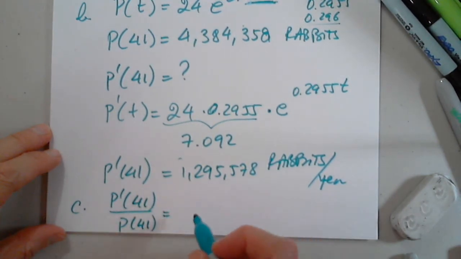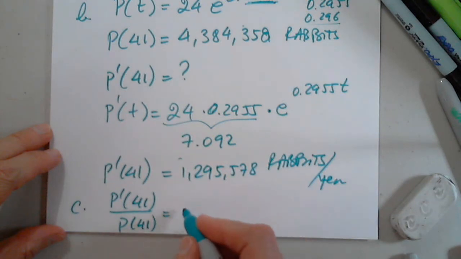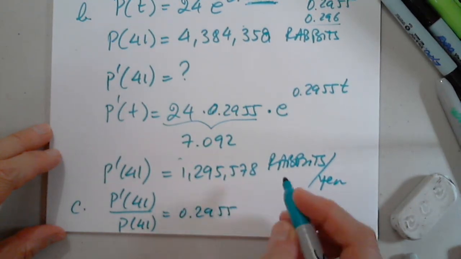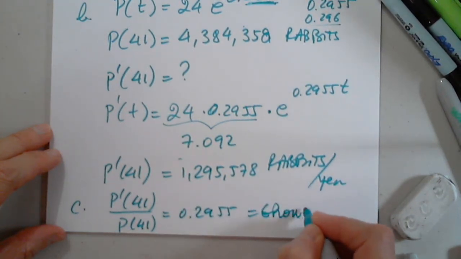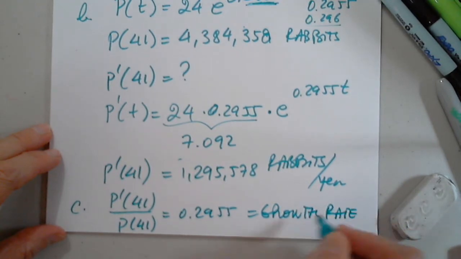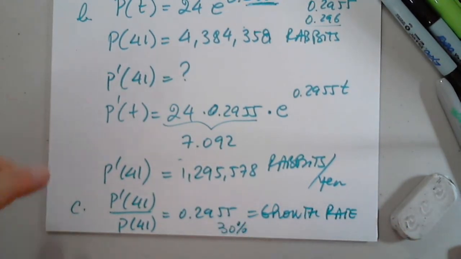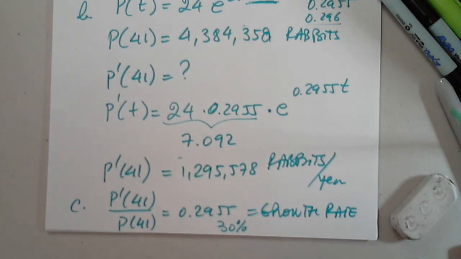It cannot be anything else but that growth rate. What was it? 0.2955. That's what I said, roughly 30%. Yes, it's huge. So that's the continuous growth rate, 30%.